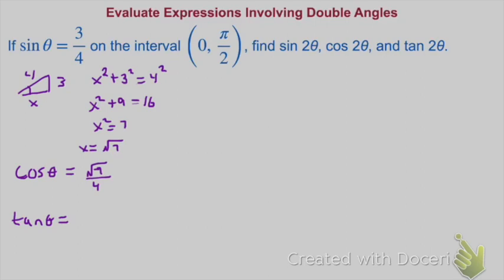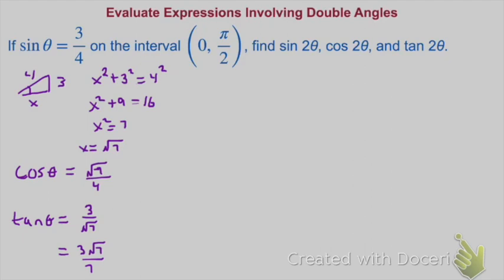Sine is 3/4, cosine is the square root of 7 over 4. The 4's end up canceling out, and you're left with 3 over the square root of 7. We would rationalize the denominator, and this is 3 square root 7 over 7. That's my tangent. So we found cosine and tangent.